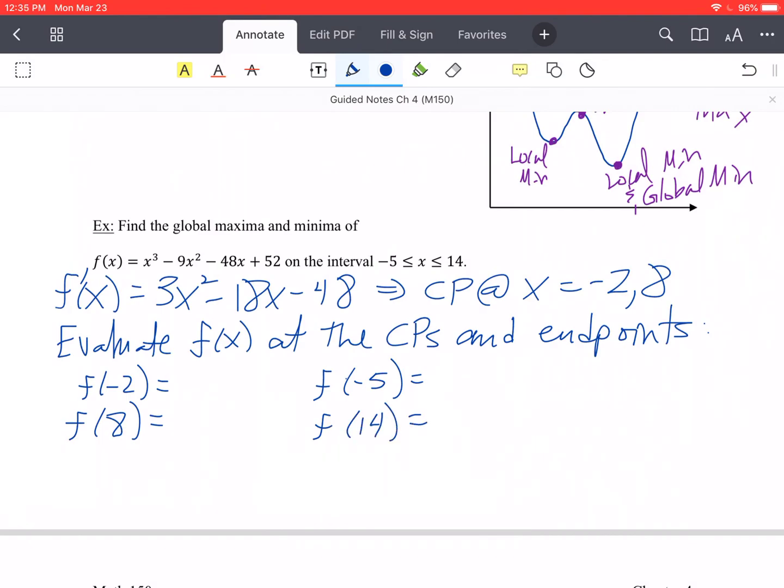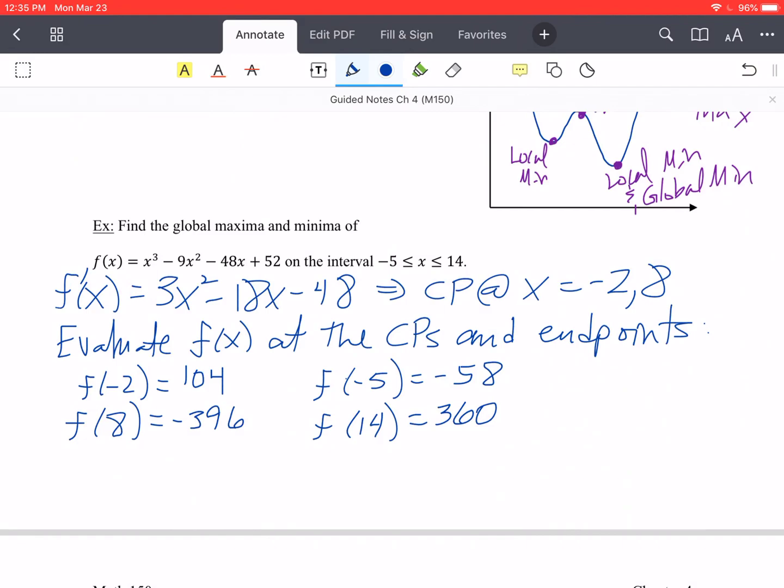This function can get pretty big, so these values are fairly large, but we get f of -2 is 104. F of 8 is -396. F of -5 is -58. F of 14 is 360.